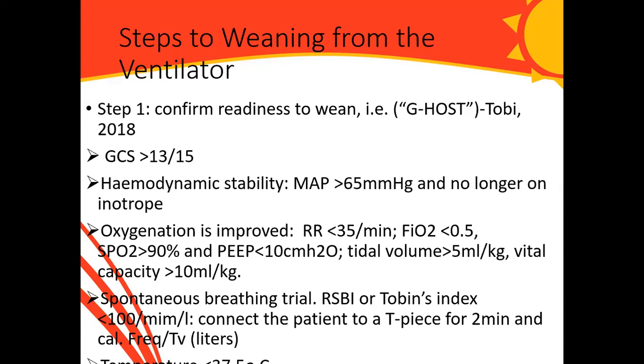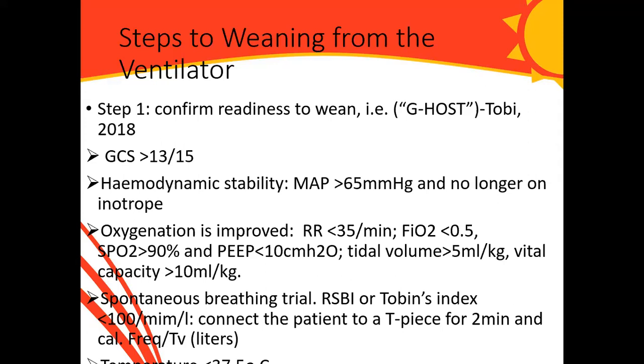Oxygenation has improved as evidenced by FiO2 less than 0.5, SpO2 greater than 90%, respiratory rate less than 35 cycles per minute. PIP is now less than 10 centimeters of water. Tidal volume is greater than 5 ml per kg, and vital capacity is now greater than 10 ml per kg.